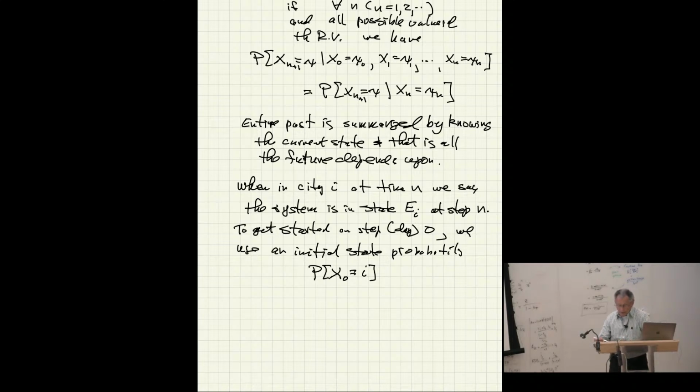Now I want to go back to this equation on the top of the screen, and I want to give it a number because I'm going to refer to it later. So let's call this equation 1. And I want to point out that equation 1 is known as a one-step transition probability.